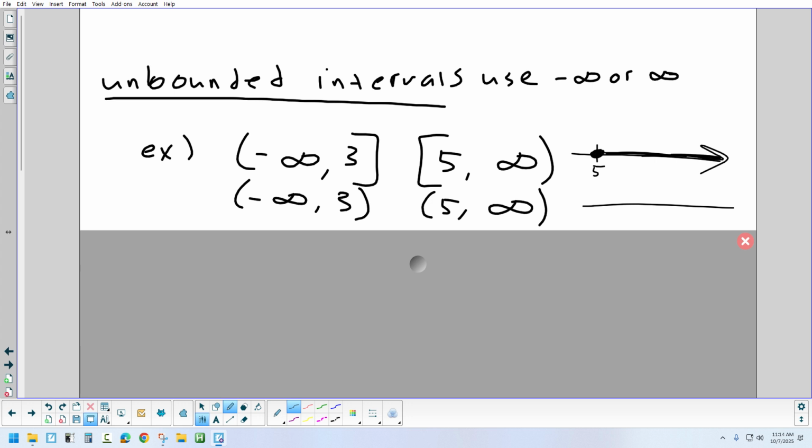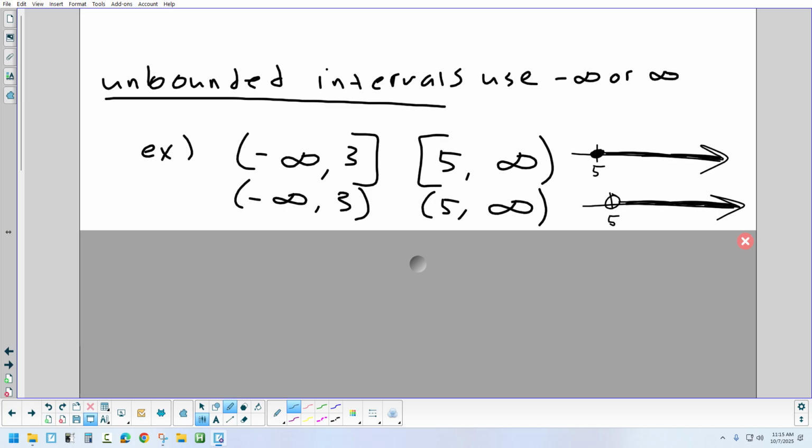What's the difference with the one below it? You can't include the 5, so what kind of circle would you put on that? Yes. Open circle, shaded to the right.